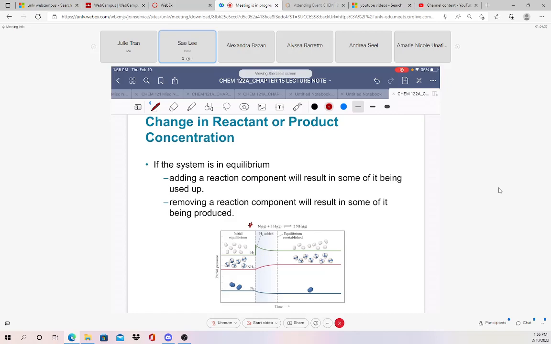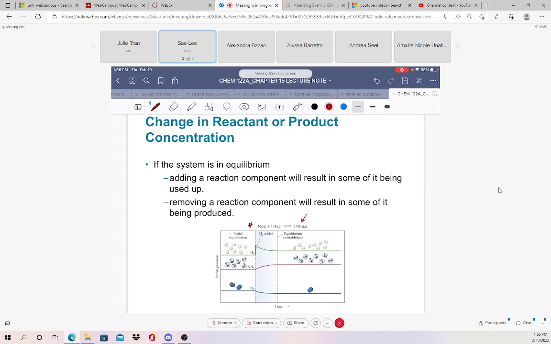However, let's say we want to produce a lot of ammonia and sell ammonia to make money. Do we still want this reaction to stay at equilibrium, or do we want to produce more ammonia? Of course, we want to produce more ammonia, right? So in order to produce more ammonia, we need an external factor to push the reaction to the product side.